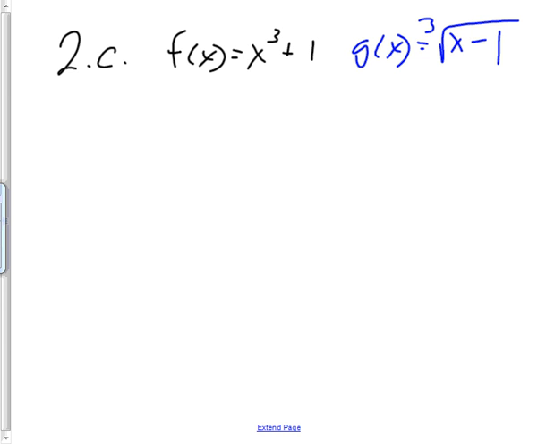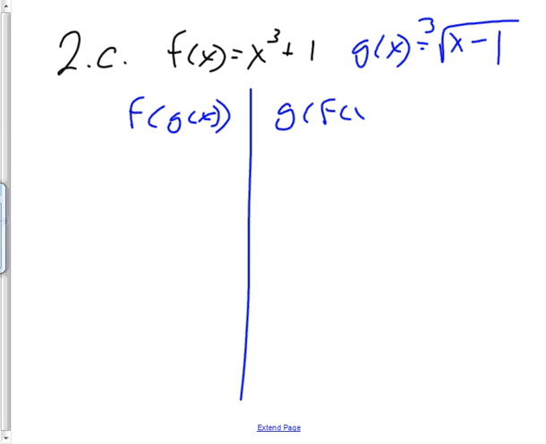Okay. How do I prove that these are inverses of each other? I have to show that f of g of x is equal to g of f of x. And they better both come out to x when I'm done. Okay? So set that up. Write that on your paper.